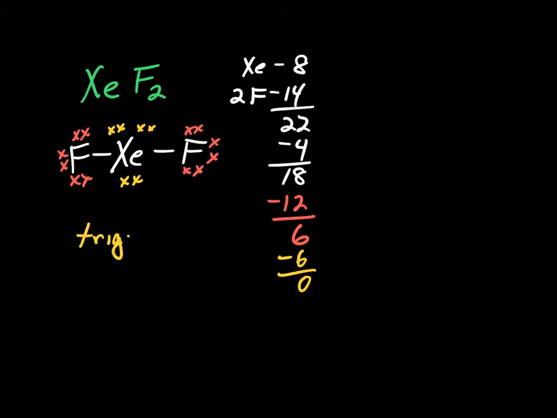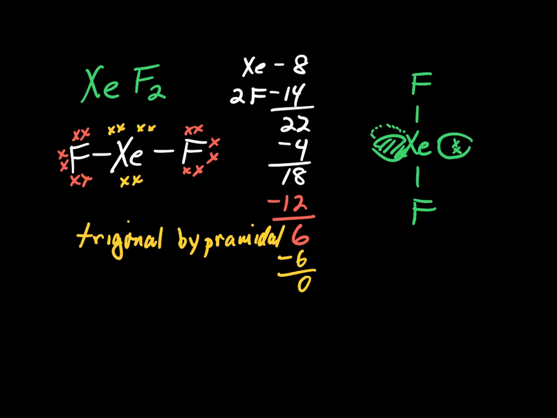This is our trigonal bipyramidal structure. Right? But when we draw the molecule, we get this kind of structure where the 3 unshared pairs are all around the equator, and the molecule ends up being linear.